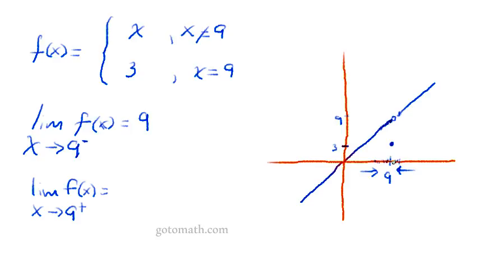As we get closer and closer to 9, our y value is getting closer and closer to this missing point, which is 9. So since coming in from the left is equal to 9 and coming in from the right is equal to 9, therefore the limit as x approaches 9 of f of x is equal to 9. Right?